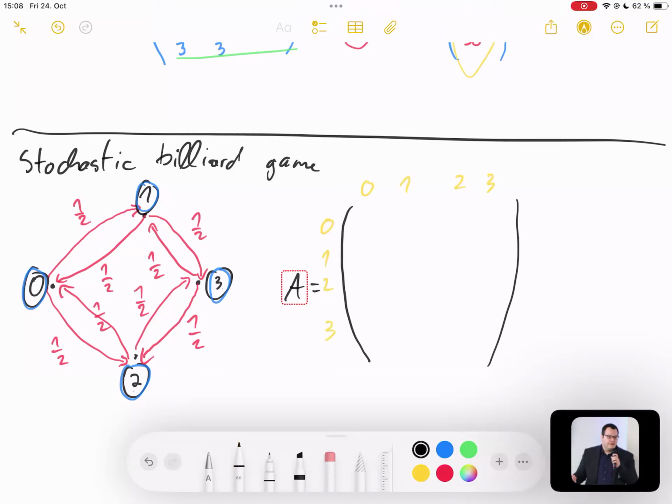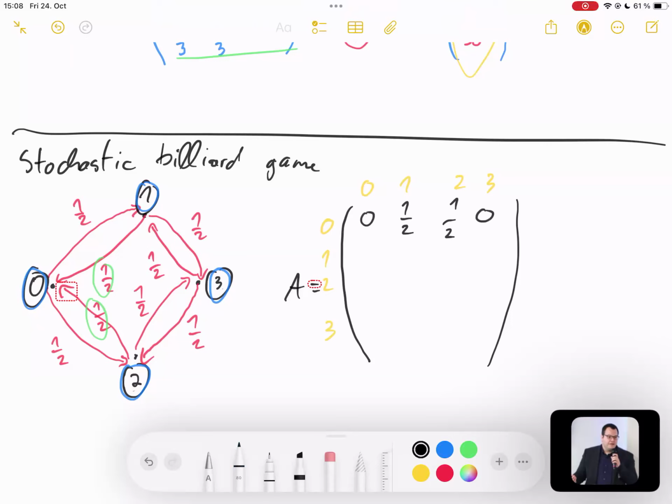So 0 has incoming ones from 1 and 2. Concretely, we have this incoming here from 1 and this from 2. So we put a half there. There's nothing coming in from 3, and there's no loop. So these are then 0.